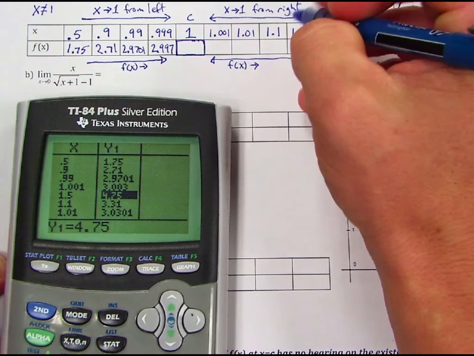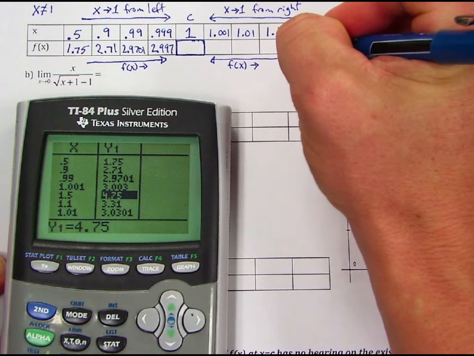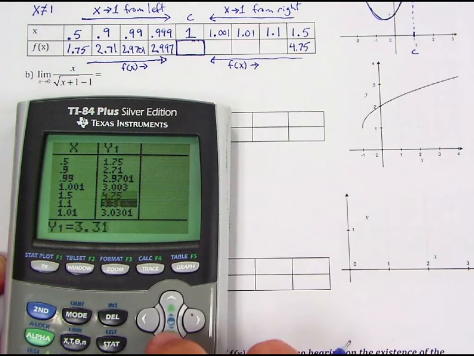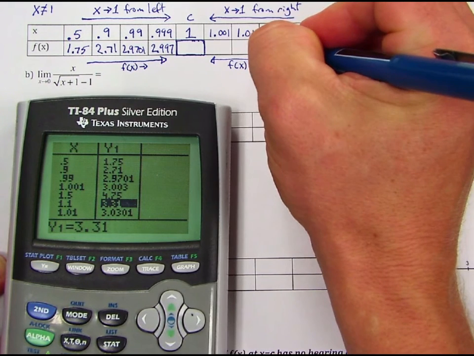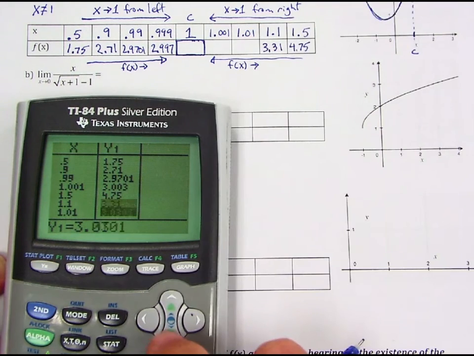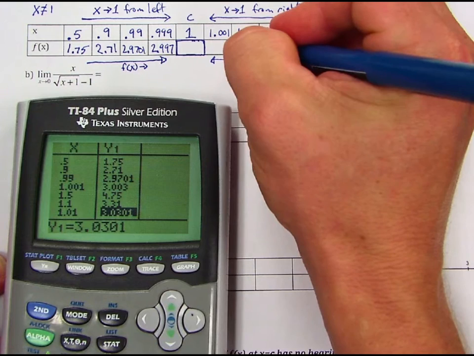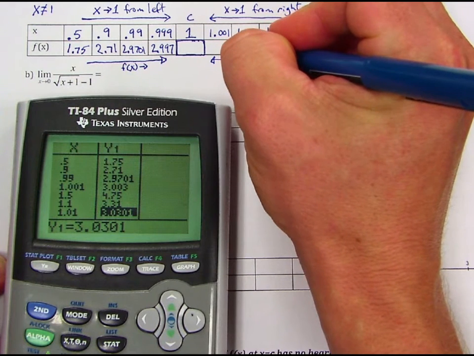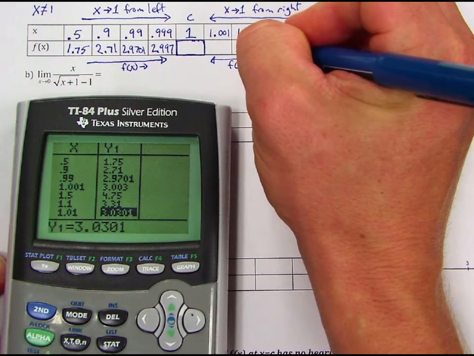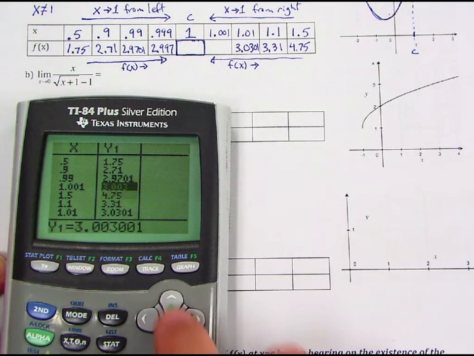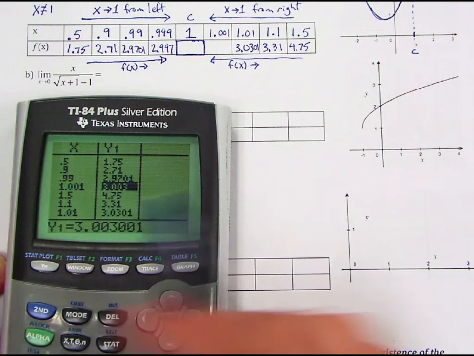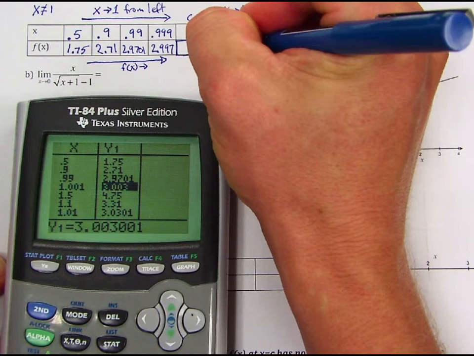Okay, so for 1.5, we get 4.75. For 1.1, 3.31. For 1.01, we get 3.0301. And for 1.001, we get 3.003.